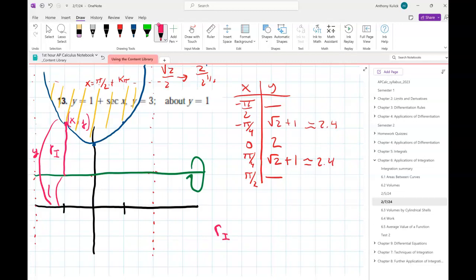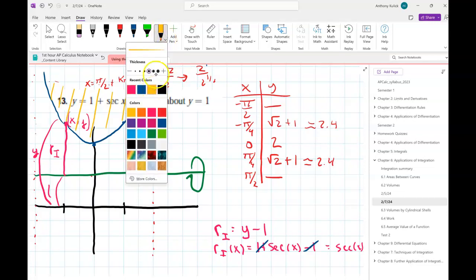So what is our inner going to be? y minus 1. Everybody agree? And what is y in this case? It is 1 plus secant x. So there's that. Is everybody okay? Giselle, you feel all right?